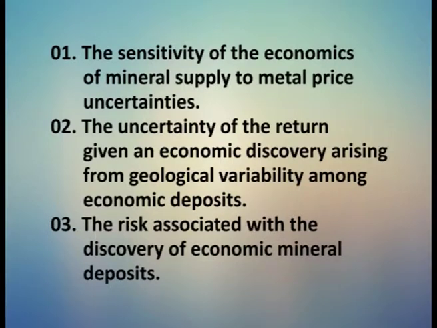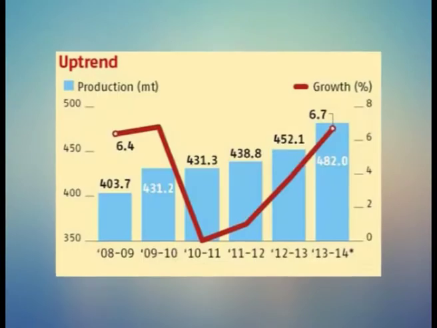The sensitivity of the economics of mineral supply to metal price uncertainties. 2. The uncertainty of the return given an economic discovery arising from geological variability among economic deposits. 3. The risk associated with the discovery of economic mineral deposits.